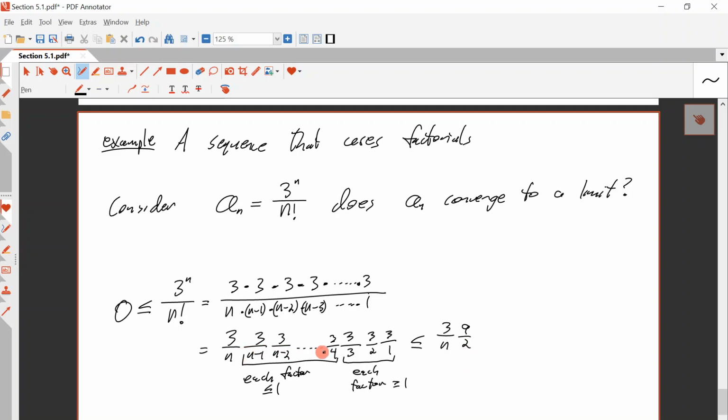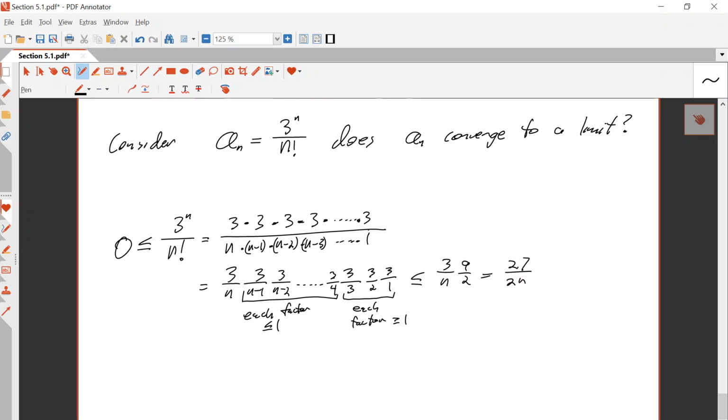I just got rid of all this stuff. It's less than 1, so it serves to make this product smaller. So this is less than or equal to that, which is equal to 27 over 2n.